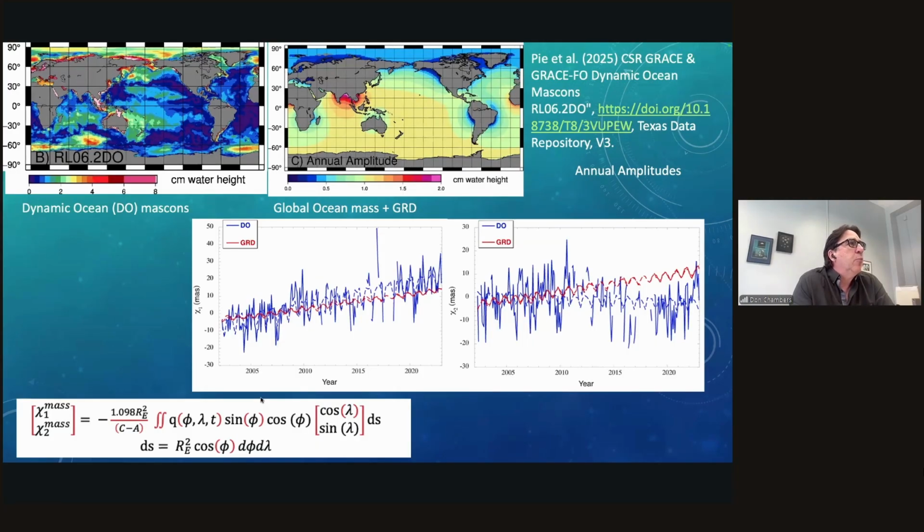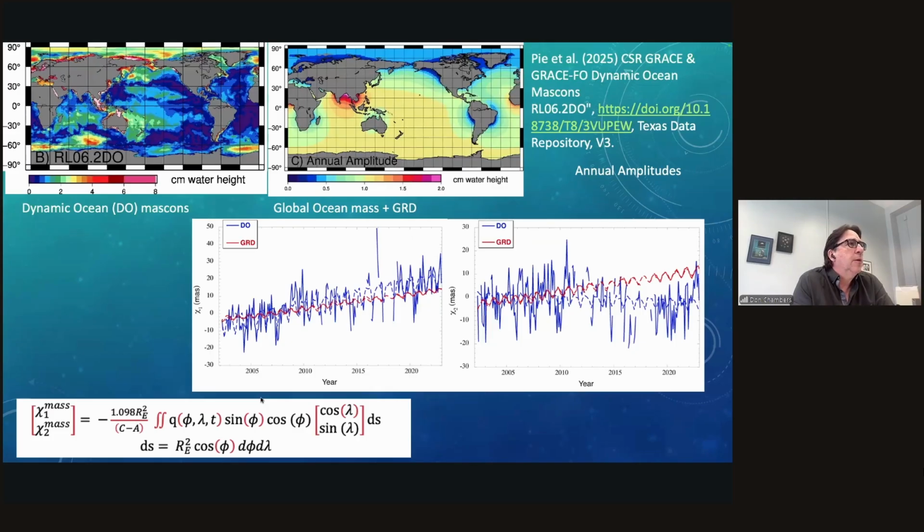It attempts to break the standard mascons into a geodetic signal from the mass redistribution from land to ocean, the GRD and barostatic sea level, and one that represents, as best we can, the dynamic ocean variations.